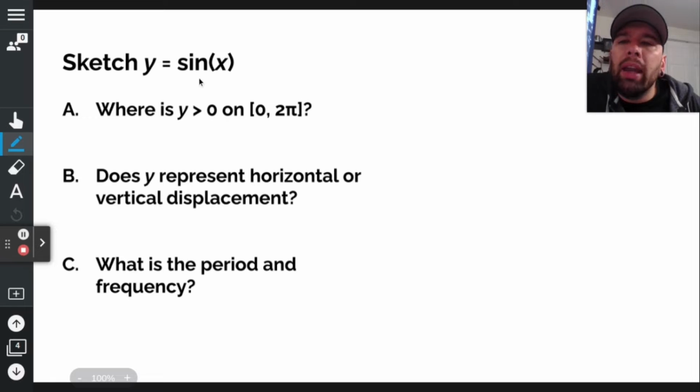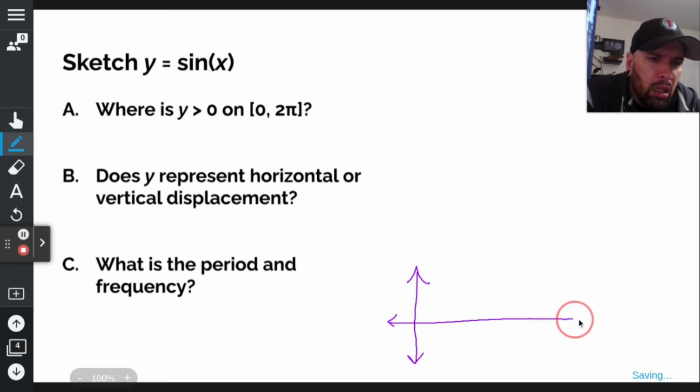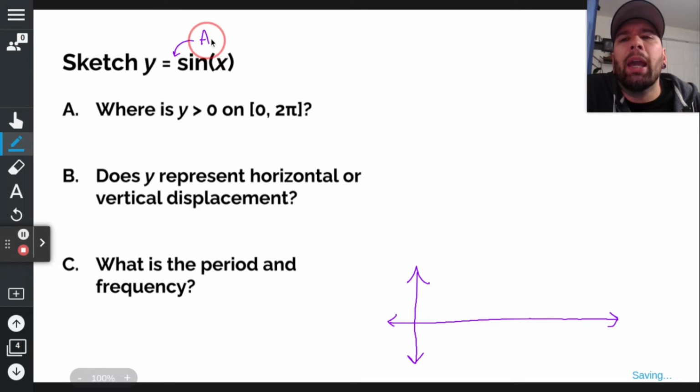Sketch y equals sine x. So let's do that. We're down here where I have a little bit of space. Shame on me for not including a blank coordinate plane, but that's all right. Fun facts about regular sine: when there's no number in front, the amplitude is 1, an invisible 1.